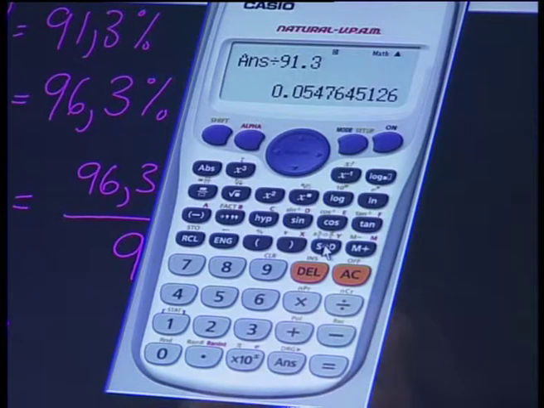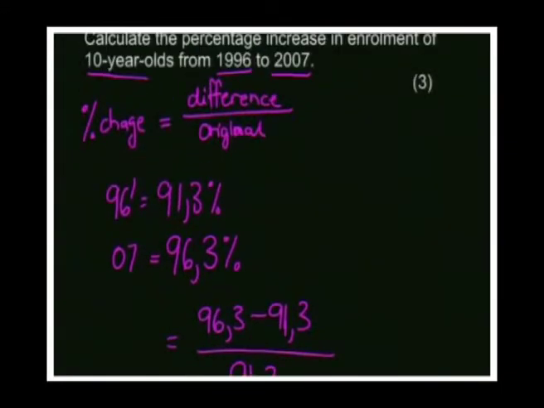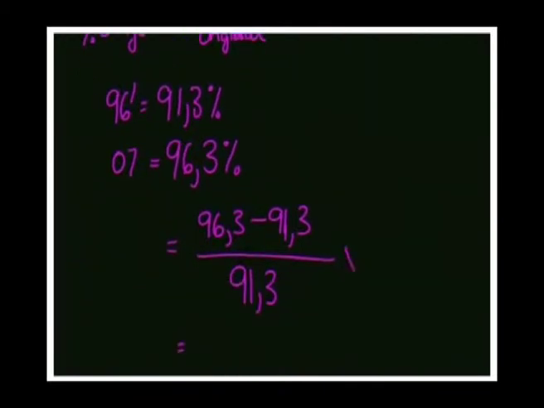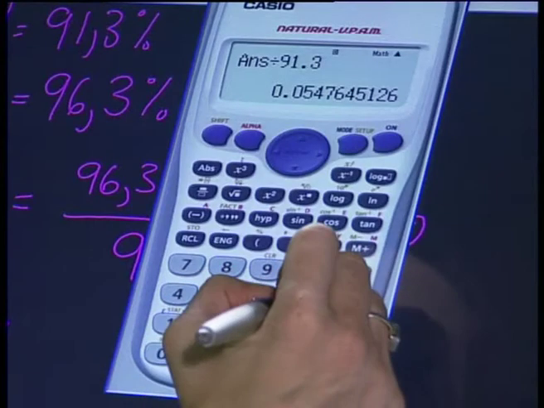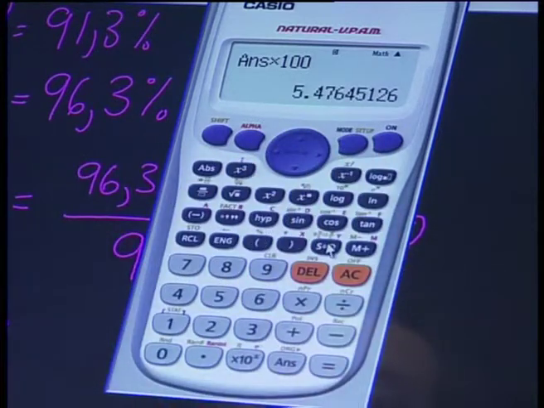Now that seems like a little bit of an unrealistic answer. I've forgotten something. To find a percentage change, we have to make it into a percentage. How do we make it into a percentage? Multiply by 100. So let's take our answer, multiply it by 100, and our percentage change was 5.47%.